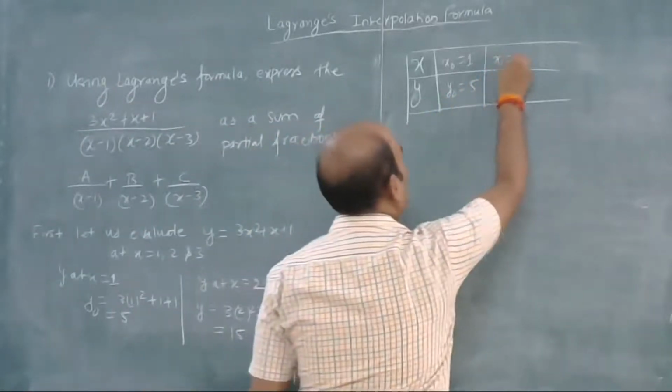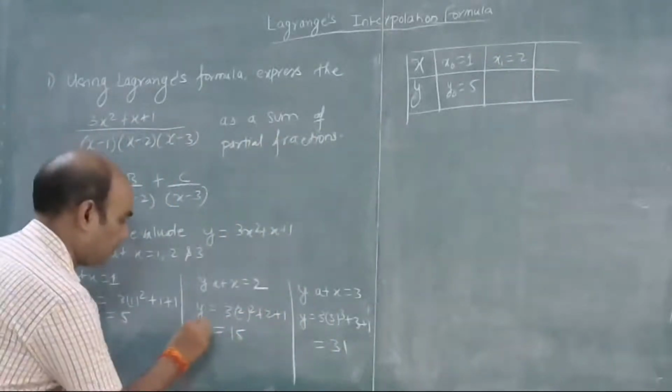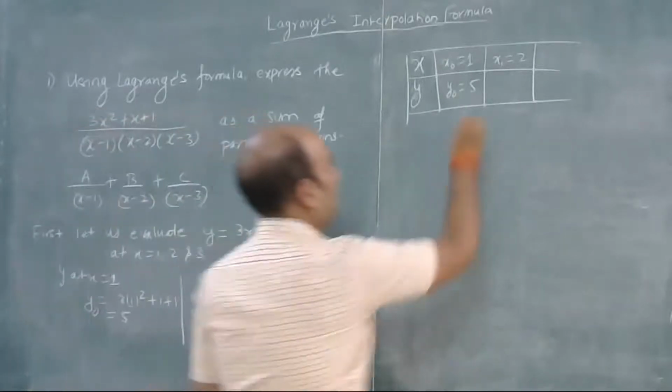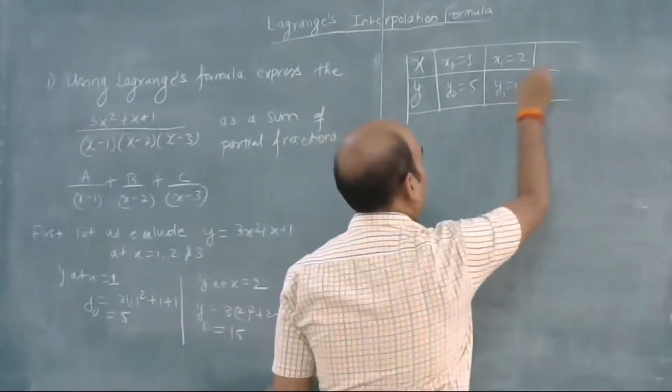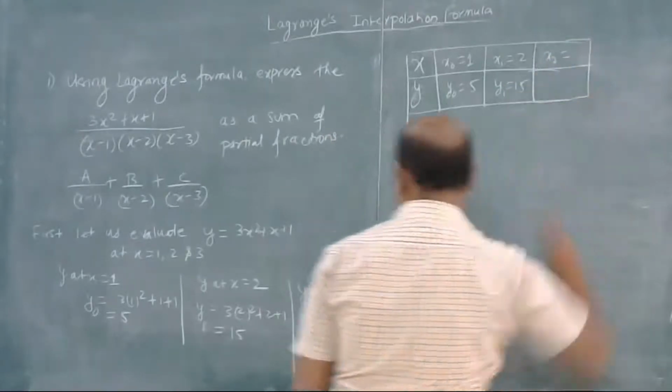Then x1 is equal to 2, we are getting y1, which is 15. And x2 is equal to 3.